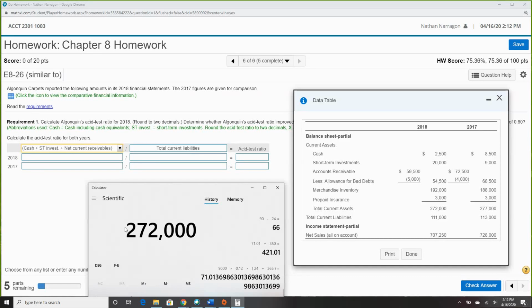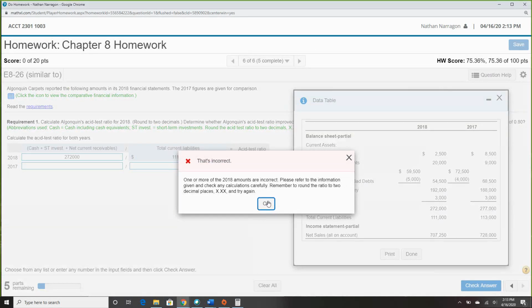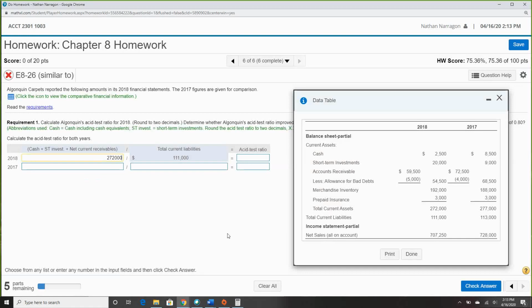We'll add them all together and divide by total current liabilities. Something just feels weird. I'm going to go with this one. Check mark. Okay, it doesn't like that.